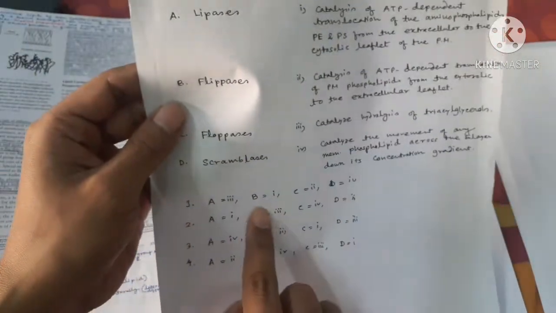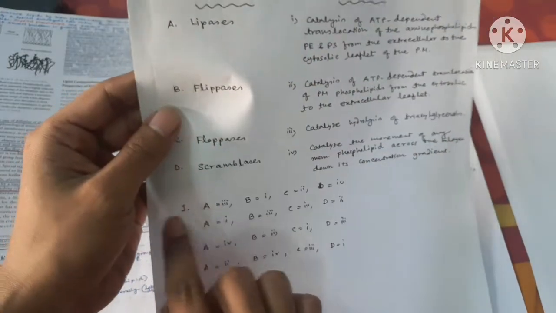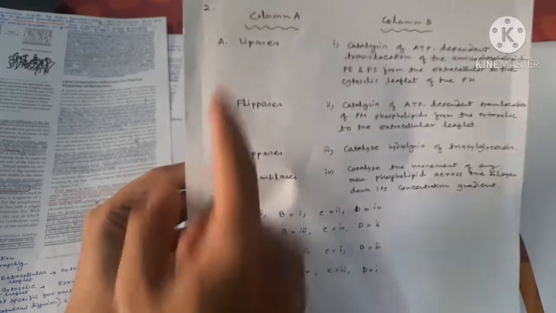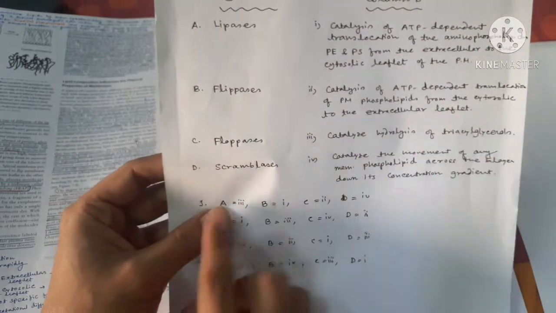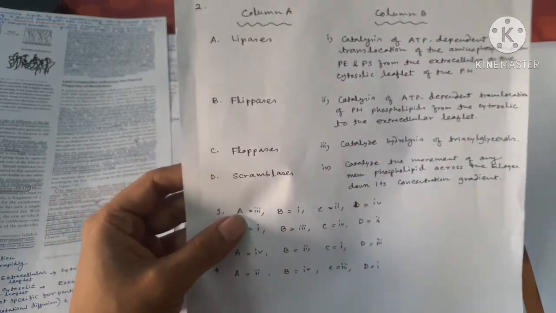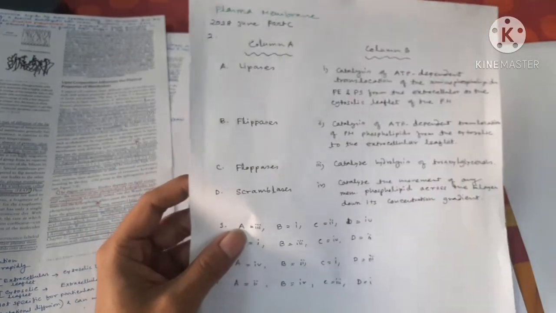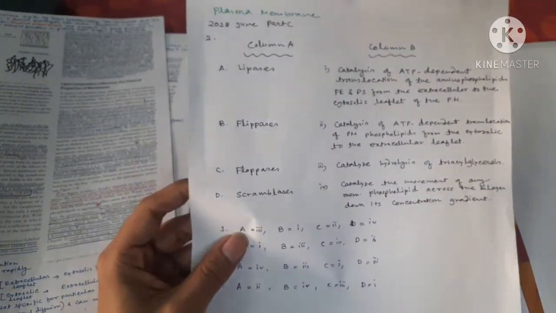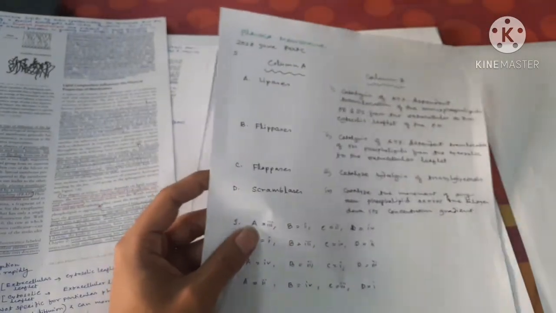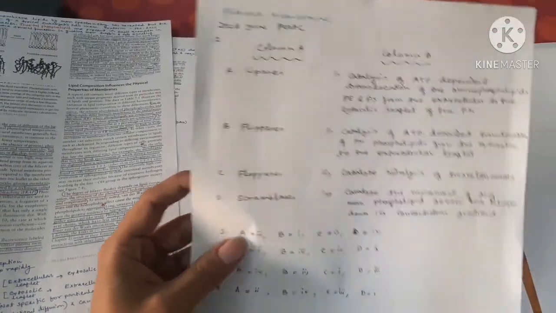So B is 1, and you can see B is 1 in only one option. And I have mentioned that if you know the simple fact that lipases catalyze hydrolysis of triglycerides, you can attempt the question. This is very simple, and many times I have seen that in CSIR part C questions, if you know the very basic fact, then you can attempt the questions.